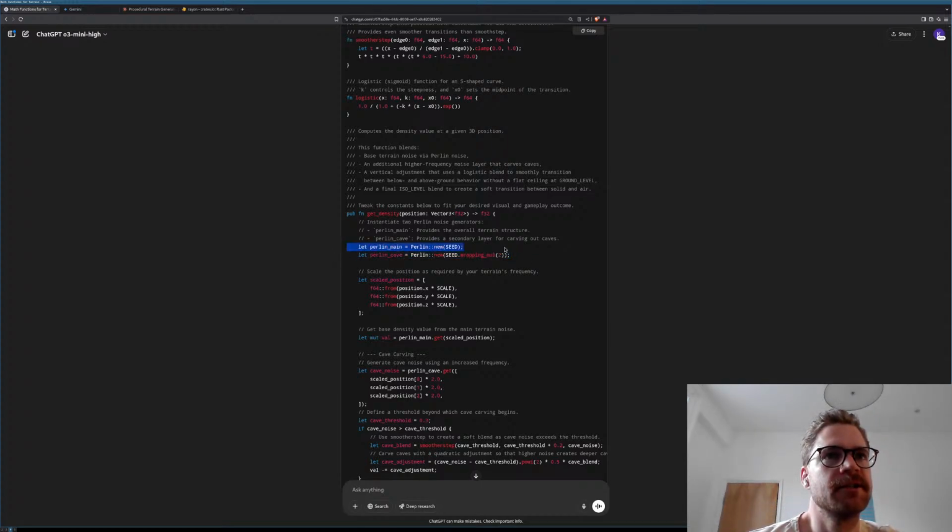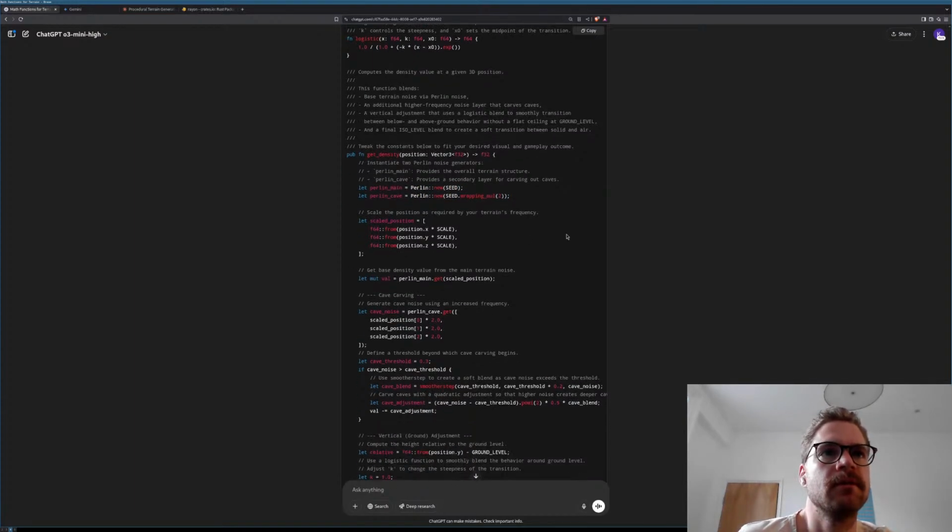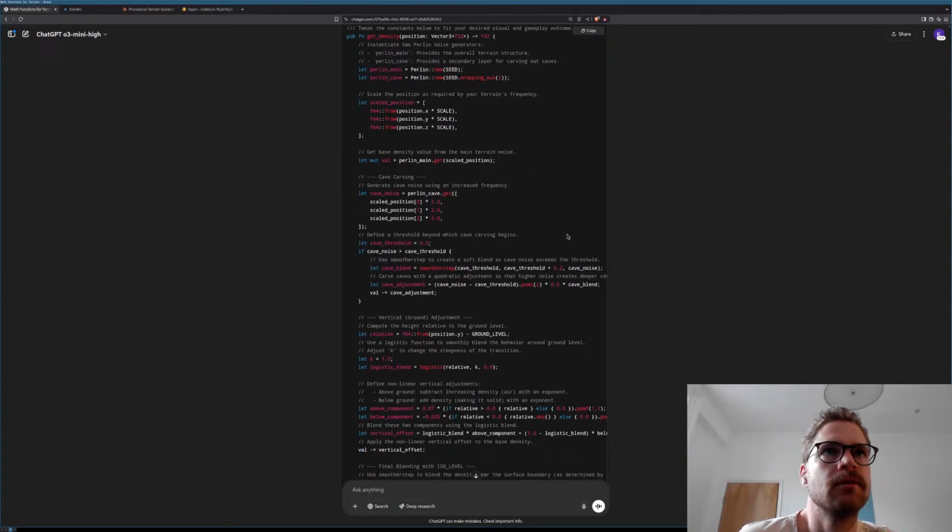That's something I learned. Let's skip the cave stuff for now. Ah, that's what you do with the caves. You give them a different scale.